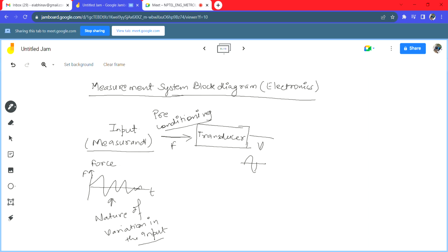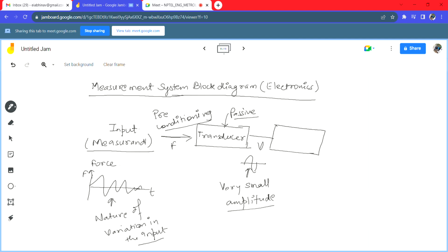Now the first and foremost thing that we have to do here, and know in reality what happens, is that this voltage signal is of very small amplitude. It's not like for a 5 Newton force you will get a 5 volt voltage. No. The transducer generates a small voltage because these are passive devices and not active devices.